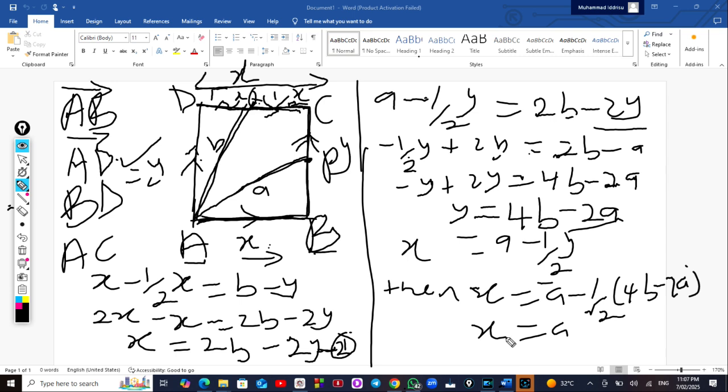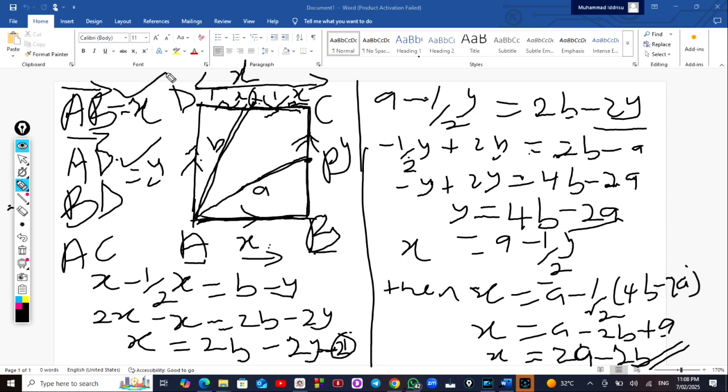So x is equal to a minus half times 4b is what? 2b. Negative half times this times negative 2a, we have positive, negative will become positive. Half times 2 will become 1, so 1 times a is just a, plus a is what? 2a minus 2b.